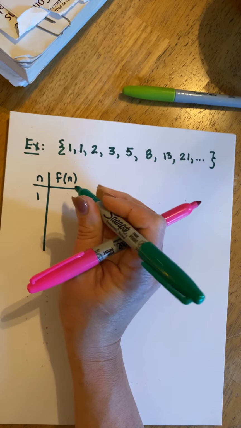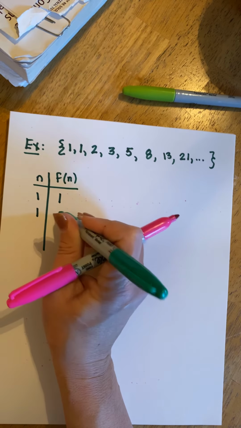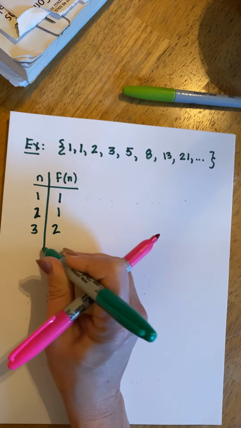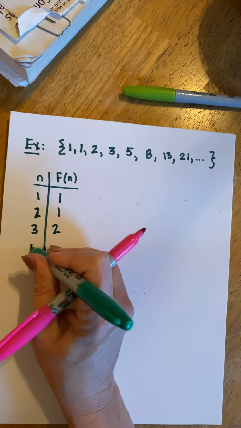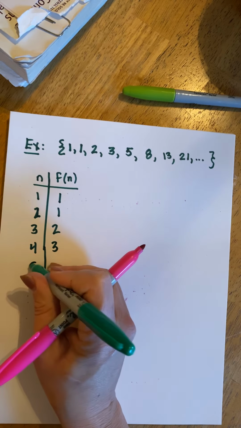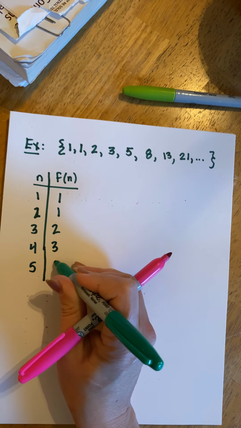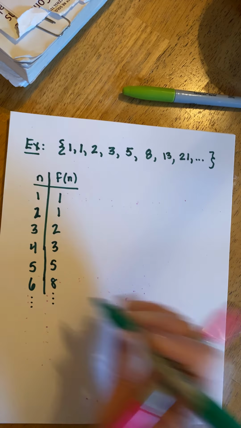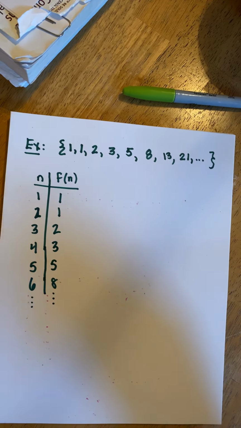So for the input 1, the output is 1. For the input 2, the output is 1. For the input 3, the output is 2. For the input 4, the output is 3. For input 5, the output is 5, then 8. All right, so in this case, this is called the Fibonacci sequence. You may have heard of this before.